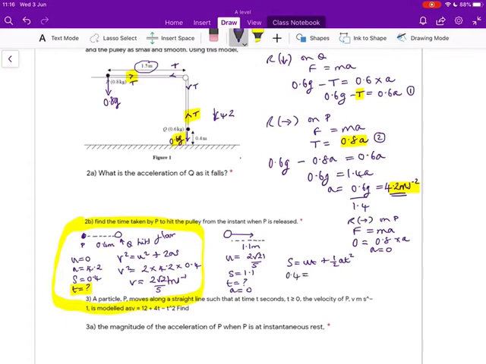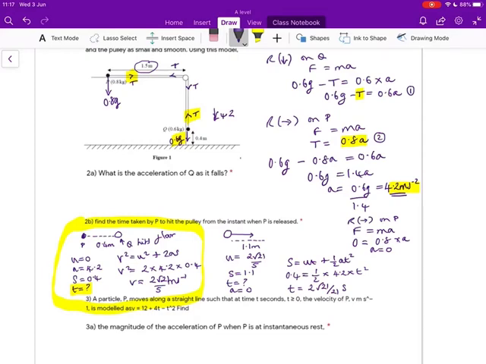So 0.4 equals the initial speed, which was 0, times time, so that will be a 0, equals a half times the acceleration times t squared. From there you can work out the time taken to travel that initial 0.4 of a metre. That should be 2 root 21 over 21 seconds. So at the moment that's our time taken for that initial bit.